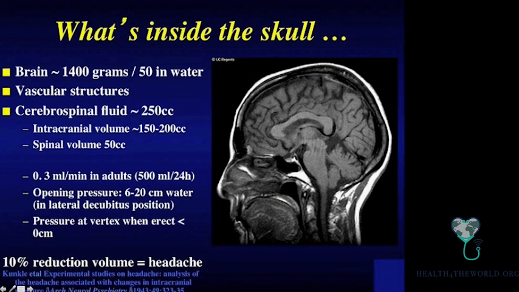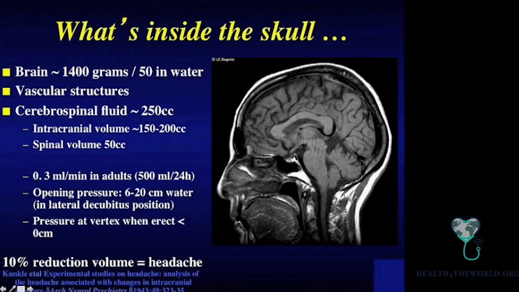Normally, we produce 0.3 milliliters of CSF per minute, or about 500 mLs in a 24-hour period. So that means that we, as human beings, turn over our CSF volume at least twice, sometimes 3 times in a 24-hour period.